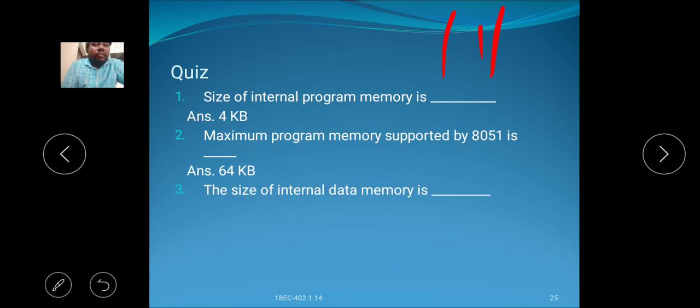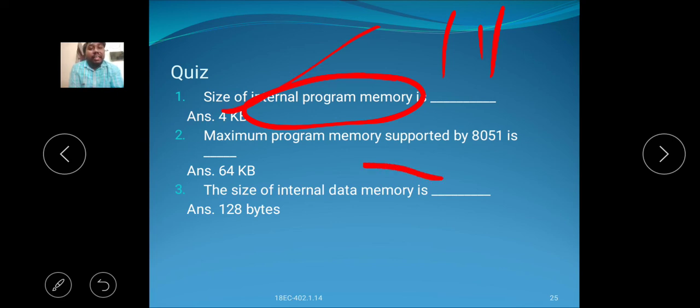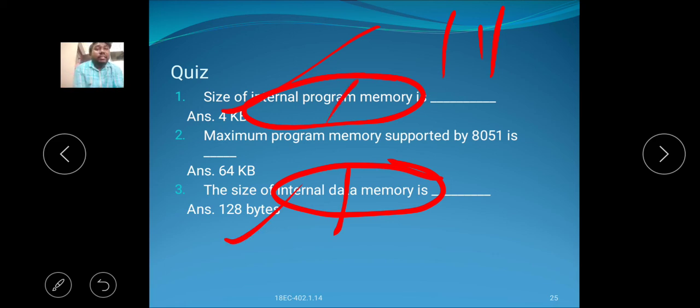The size of internal data memory is 128 bytes. The size of internal program memory is 4 kilobytes. This is the program 4 kilobytes, data 128 bytes.